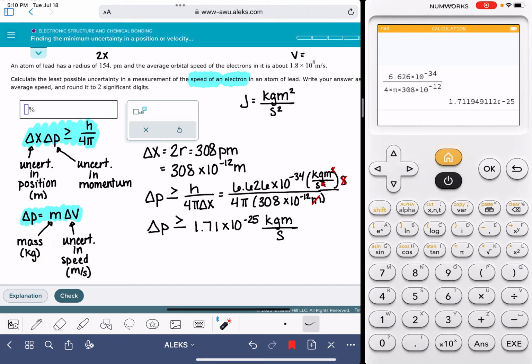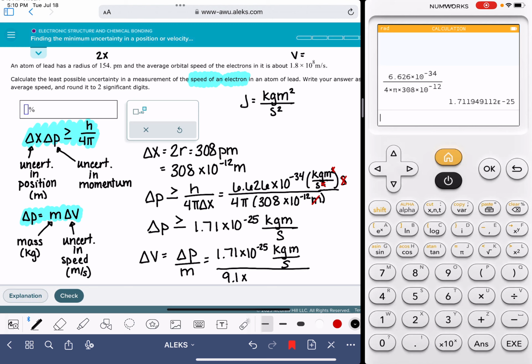We are now going to use this equation to calculate the uncertainty in the speed. Delta V is delta P over M. Delta P is 1.71 times 10 to the negative 25, and the units are kilograms meters over seconds, and that's going to be divided by the mass of the electron, which I believe is 9.1 times 10 to the negative 31 kilograms. You can just look that up.